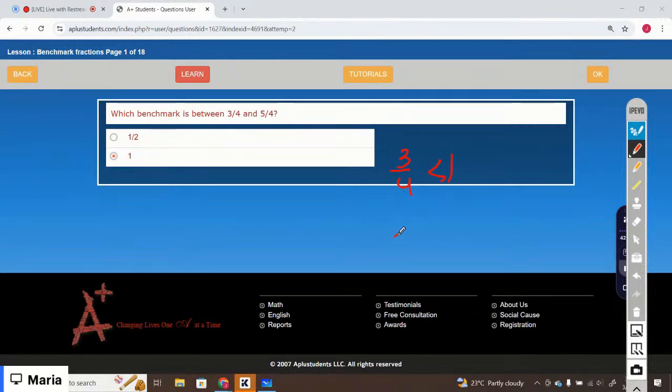And when you compare 5/4 to 1, that will be greater than 1. Why? If the numerator is greater than the denominator, like 5 is greater than 4, then the fraction is greater than 1. So 5/4 is greater than 1. So 3/4 is less than 1, but 5/4 is greater than 1. Option number 3 is correct.